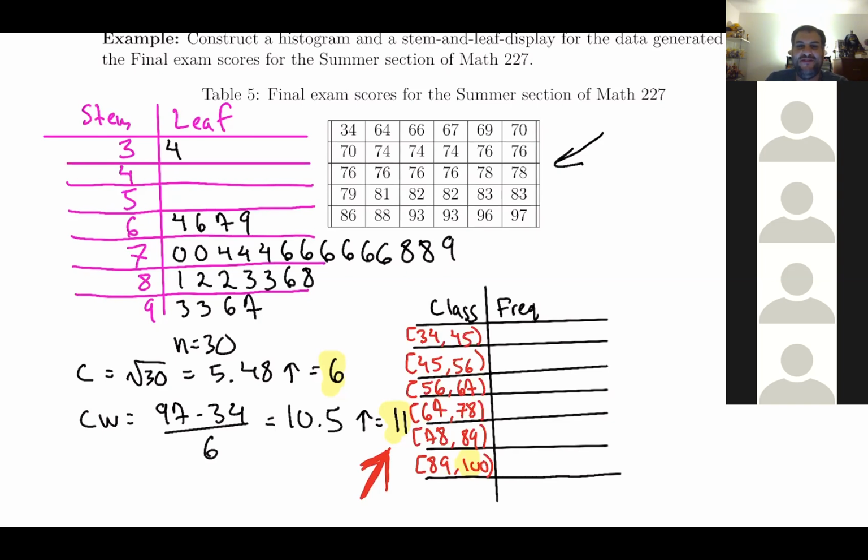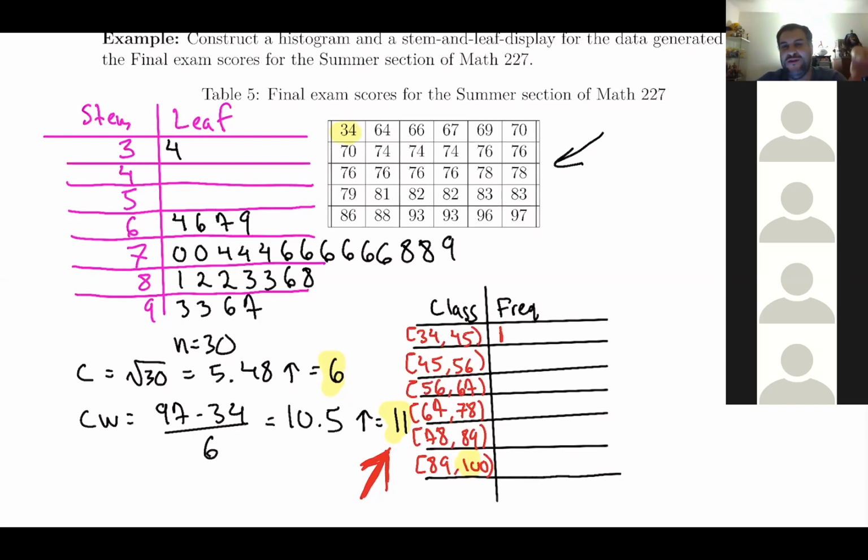If you look at the first frequency, we want to see how many numbers we have from 34 to 45. Well, you only have one number, so we'll put one. Next, you're looking for a number from 45 to 56. You just add the class width to get that final number.